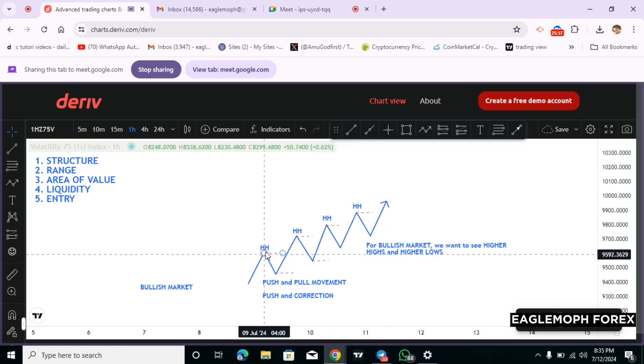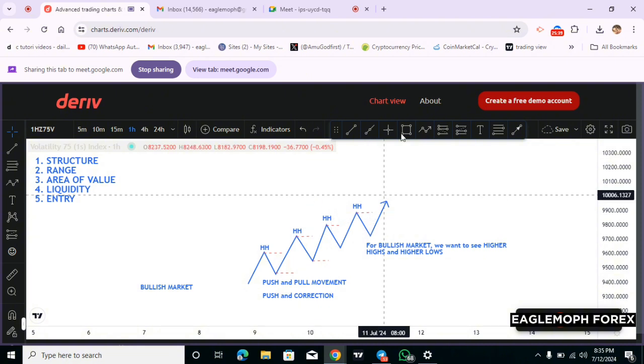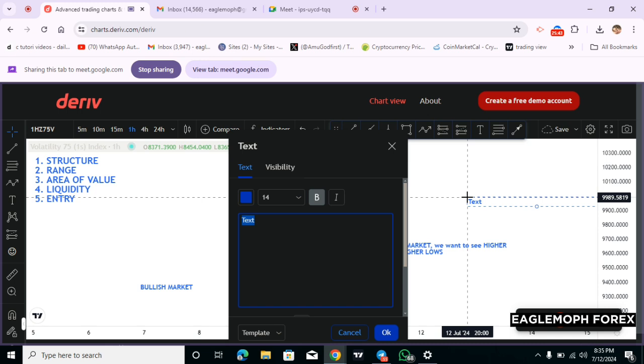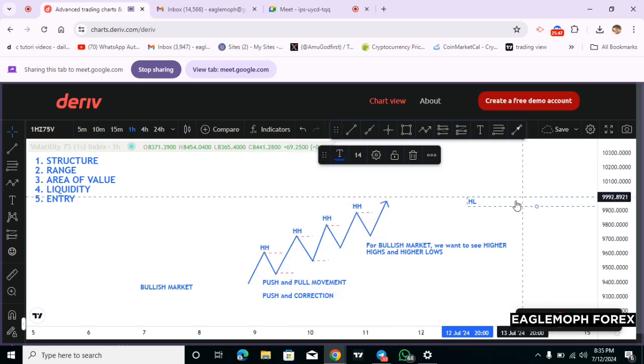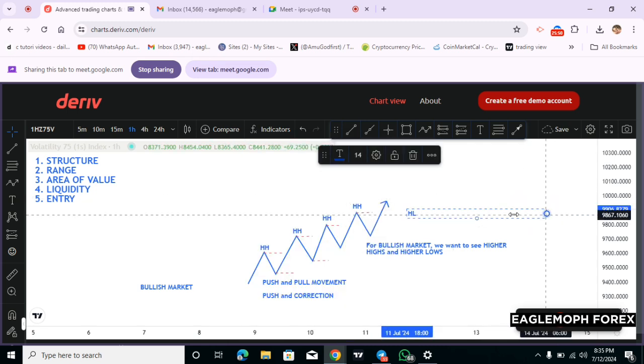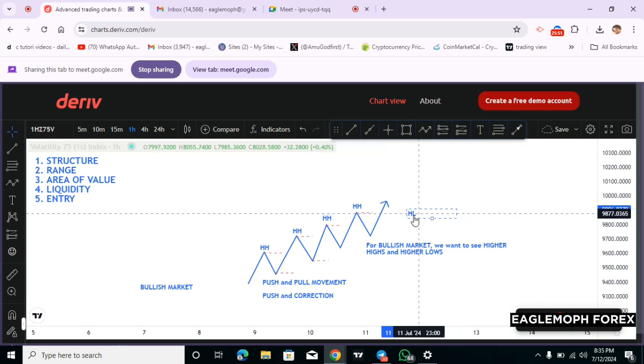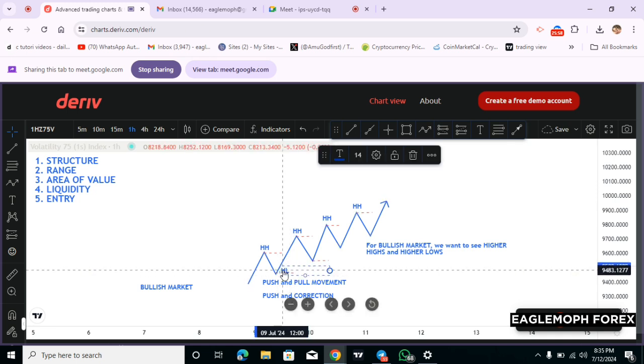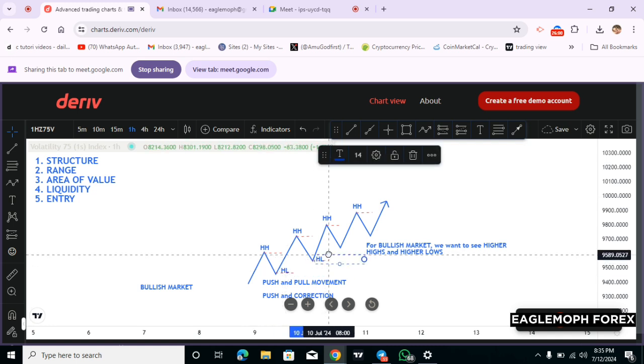So we have higher highs like that being formed. That's basically a bullish market. And then what do you want to see? Higher low.